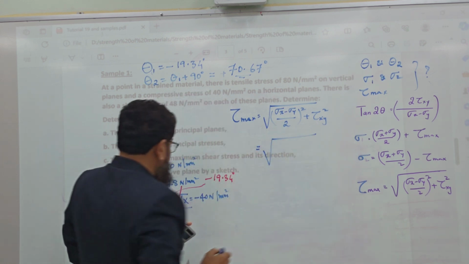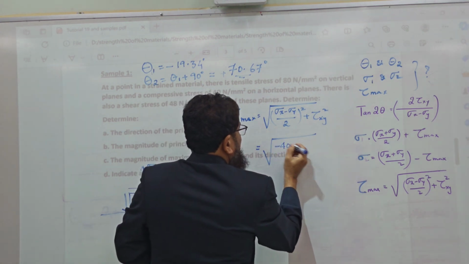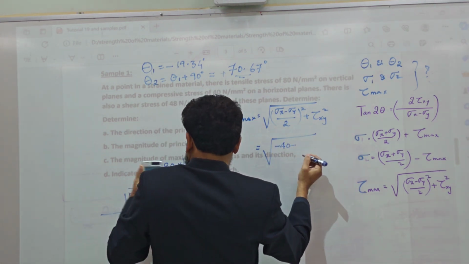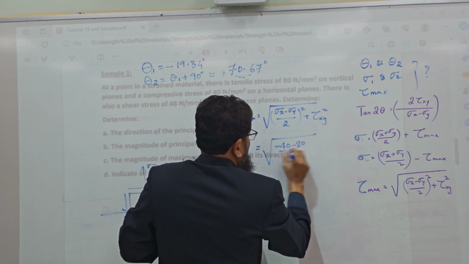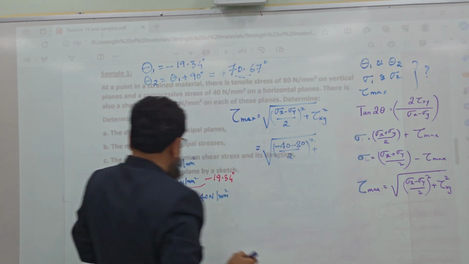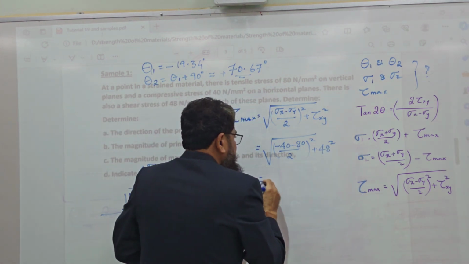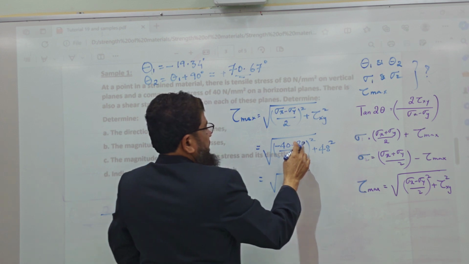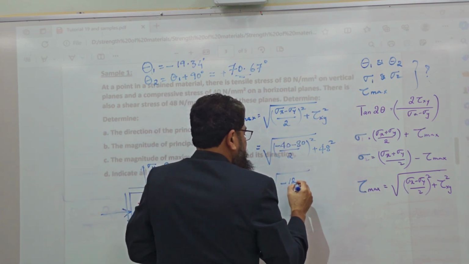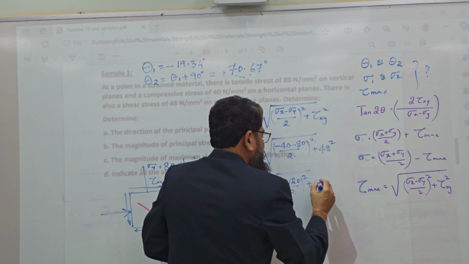Square root of, sigma x is how much? 40. Minus minus 80, divided by 2 whole square, plus tau xy square is how much? 48 square. This becomes 40 plus 80 divided by 2 whole square plus 48 square.